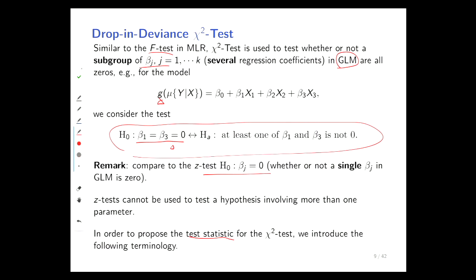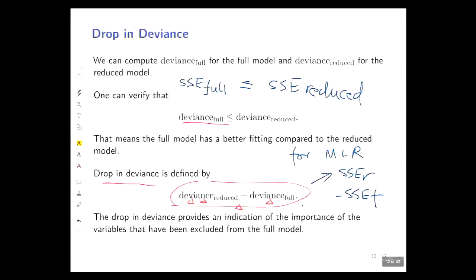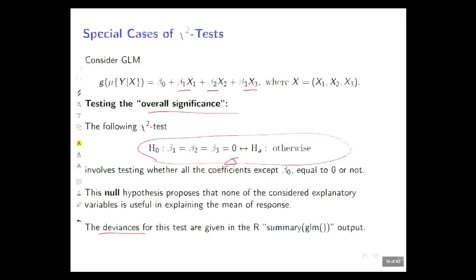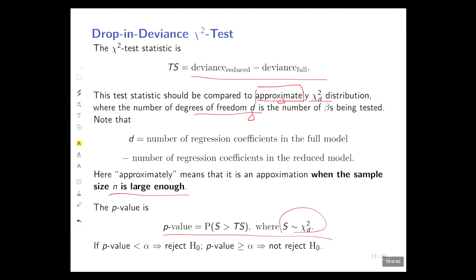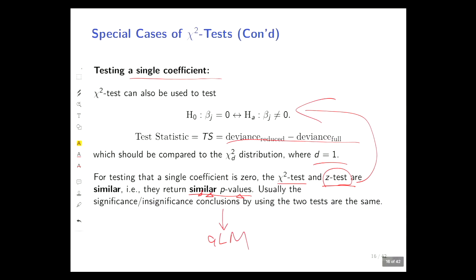Because it can be used to test several coefficients, it covers a lot of situations, and we give three special cases. The first case is to test a subset of coefficients, which I have already shown you earlier. The second case is to test the overall significance, meaning we want to test all the coefficients except for the intercept. And the third case is to test a single coefficient.